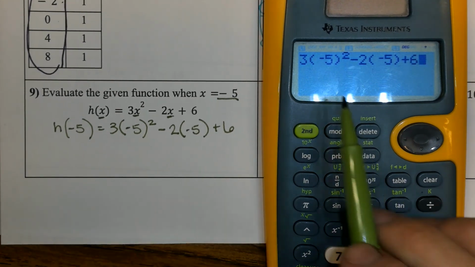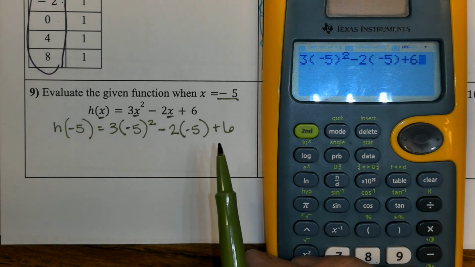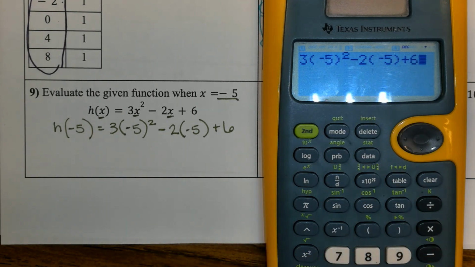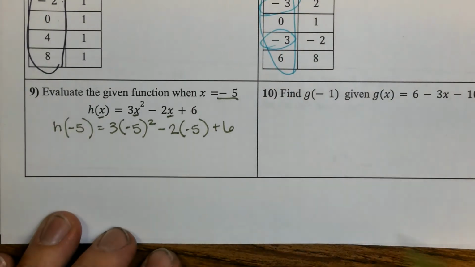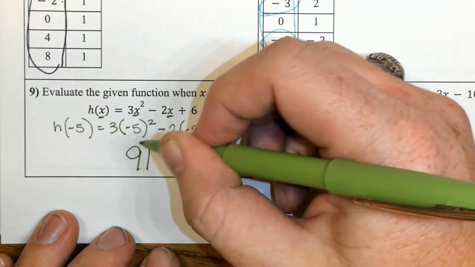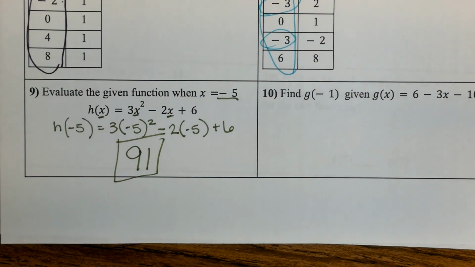So my equation in my calculator should look exactly like the one that I wrote, which it does. And then I press enter. My answer is 91. And I'm done. That's it.